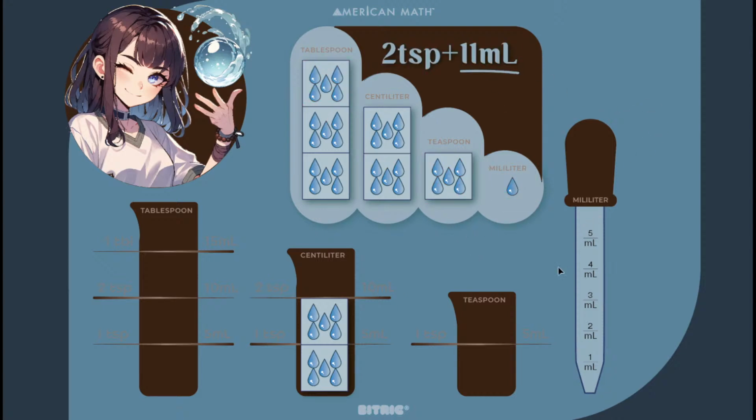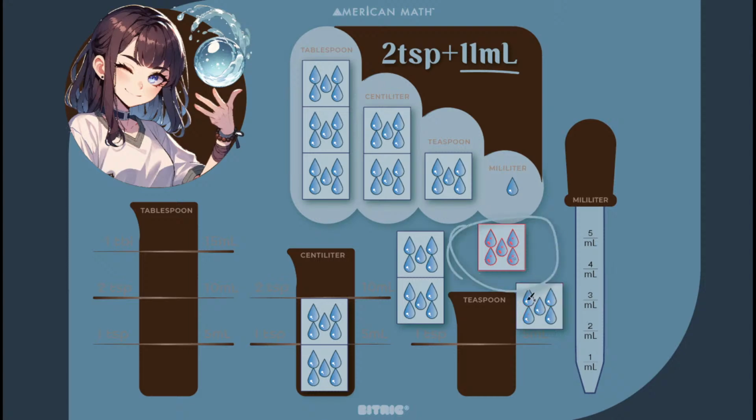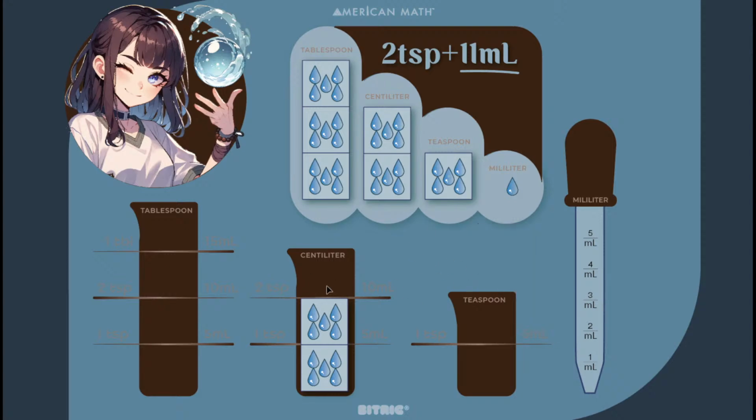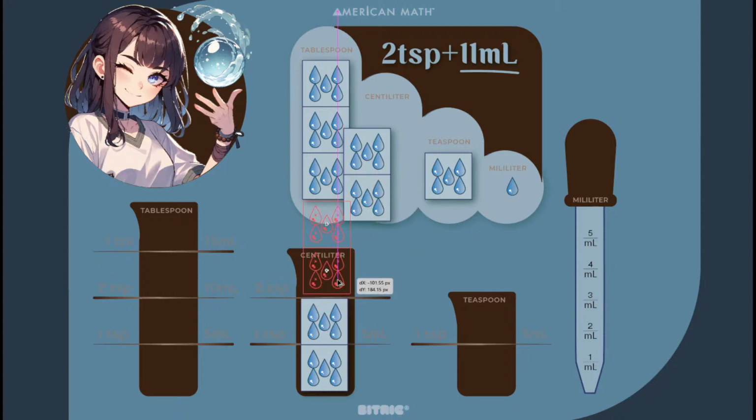Now there are a couple different ways you can do this. You can build up by counting 1, 2, 3, 4, and so on, milliliters, and build your way up to teaspoons. Or you can break this centiliter into 2 parts, 1 teaspoon and 2 teaspoons. The centiliter beaker is 100% full, so nothing else can fit inside it. We can't put another 2 centiliters on top.